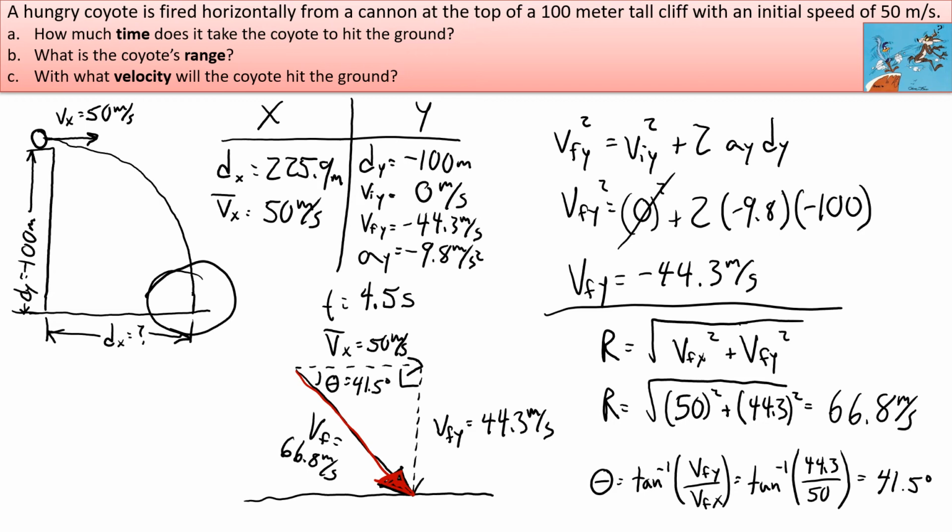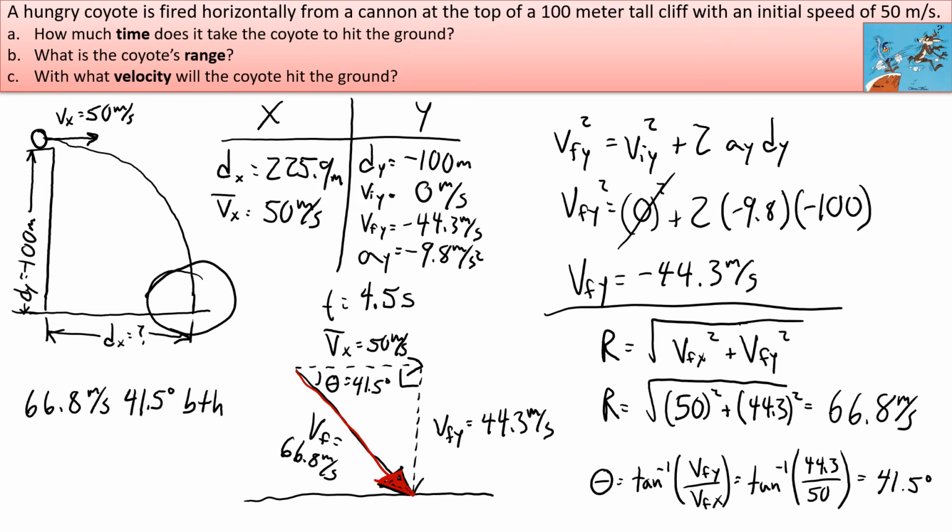And our final velocity, you could say it's 66.8 meters per second, 41.5 degrees, and we'll call that here. See how this is the horizontal, and we're going below the horizontal. It's that many degrees below the horizontal. So you could either write out below the horizontal, or you could just write BTH, and I'll know what you're talking about. BTH stands for below the horizontal.